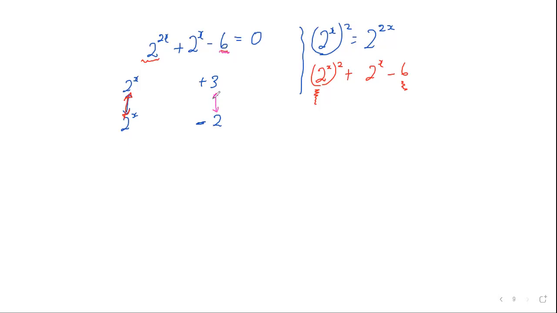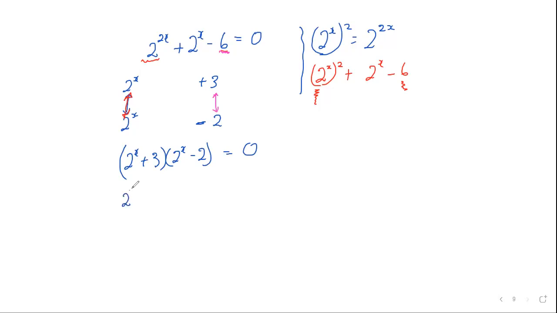So which means here, the factors become 2x plus 3 into 2x minus 2, that is equal to 0.